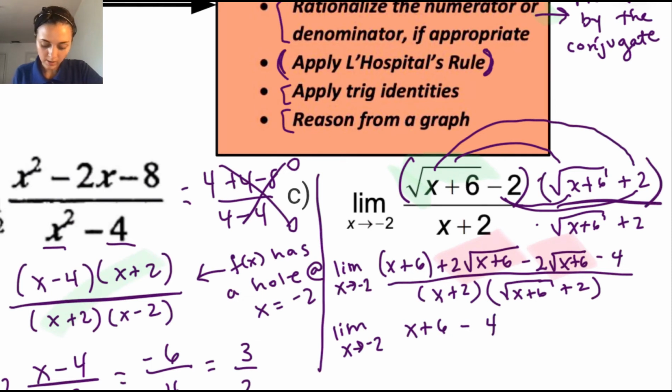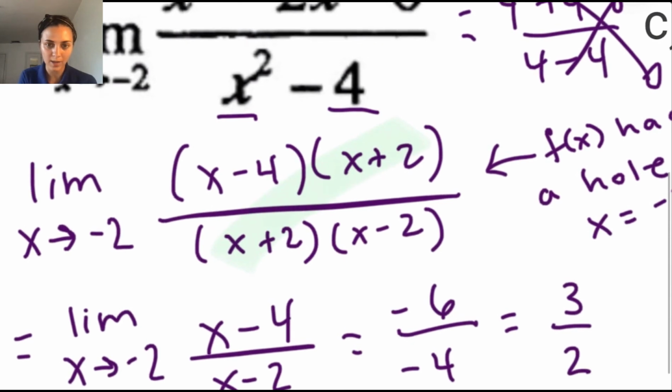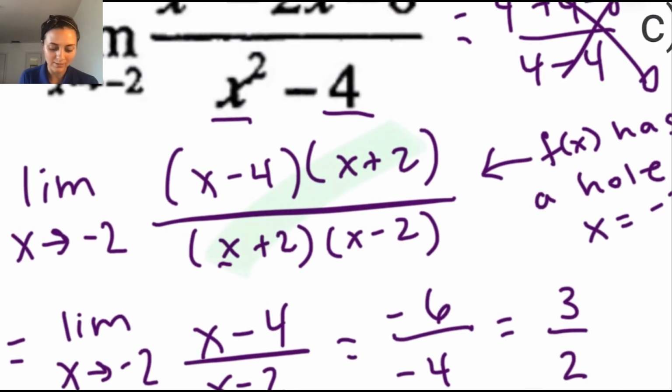Okay, so we have the x plus 6 minus 4. And that's like the whole purpose of multiplying times the conjugate. It's kind of like a perfect square, actually. Like over here, when I have the perfect square, x plus 2 and x minus 2 are conjugates. And so what I'm left with is x times x and 2 times negative 2, which is x squared minus 4.